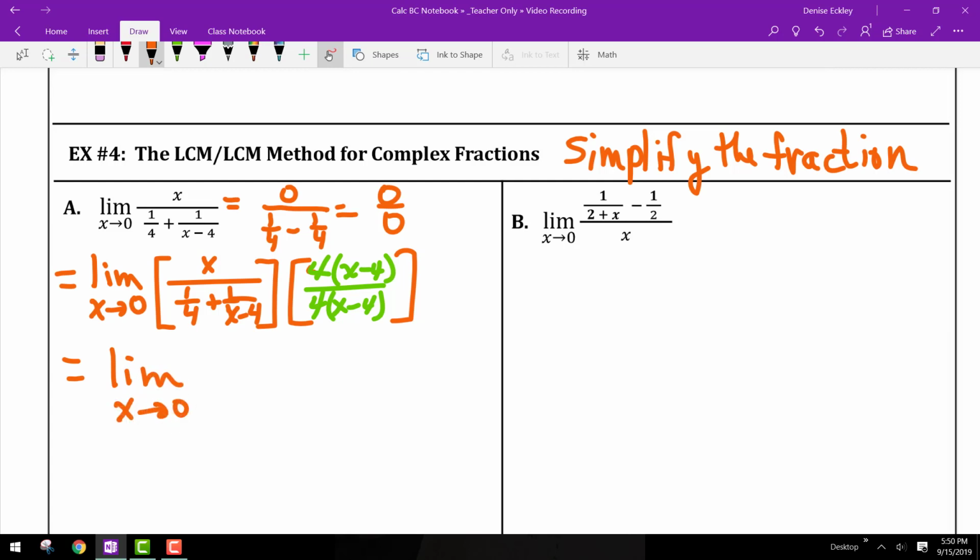Okay, when we simplify this, we get in the numerator 4x times (x minus 4). And in the denominator, the first term becomes x minus 4, and the second term becomes x.